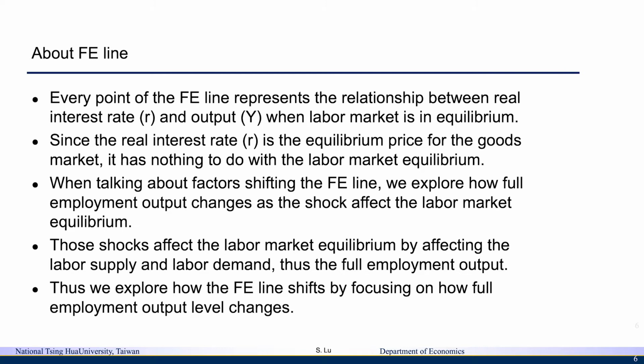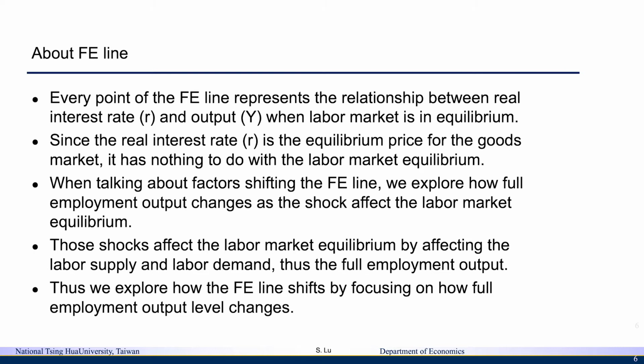Those shocks affect the labor market equilibrium by affecting the labor supply and the labor demand, and thus the output. Once a shock increases the full employment output, it will cause the full employment line to shift rightward. If the shock causes the full employment output to fall, it will cause the full employment line to shift leftward.